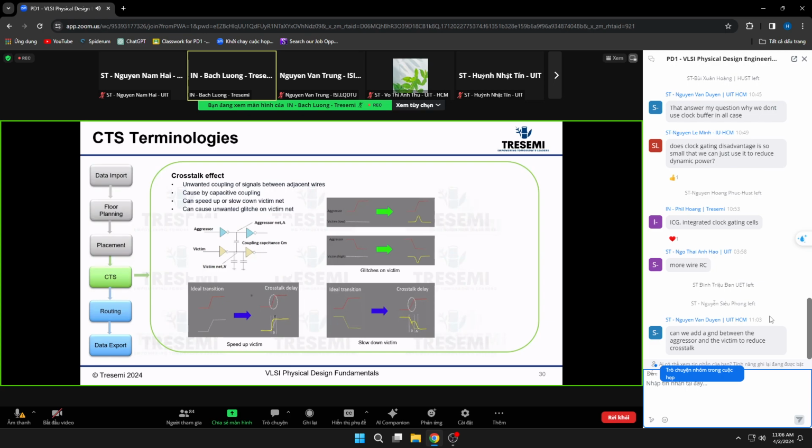Usually the tool will do an analysis when we enable it. Even in Innovus, we can turn on SI on the crosstalk, and it will do analysis and the routing, and it will try to keep the nets away from each other as best as it can. It will fix, but it's important for you to understand how these things work so that you don't just push a button, right?